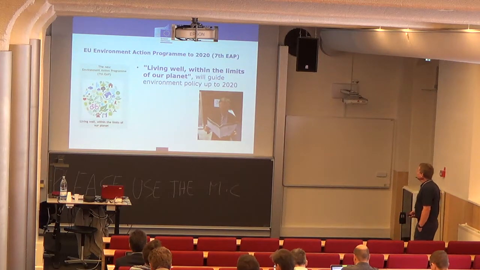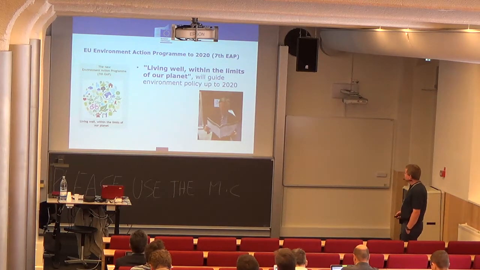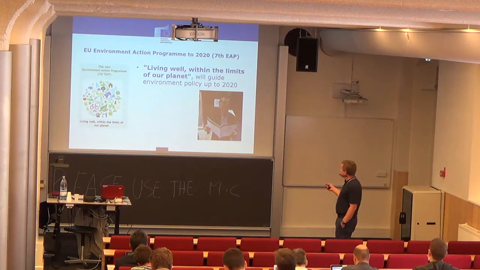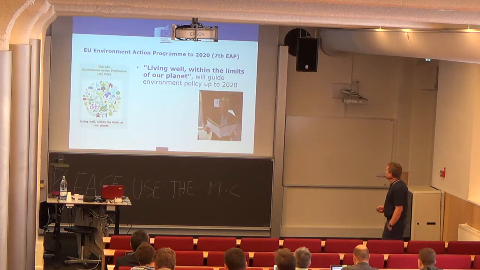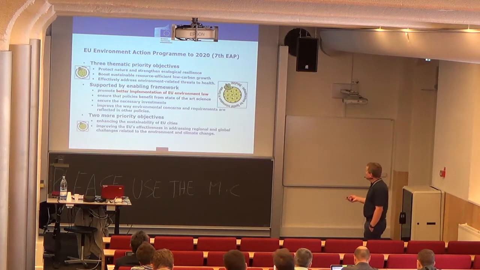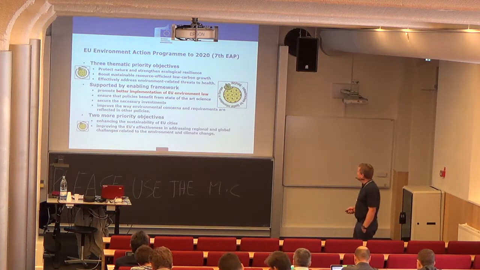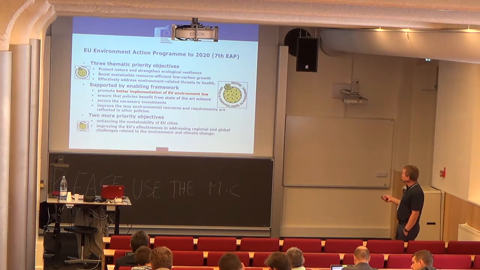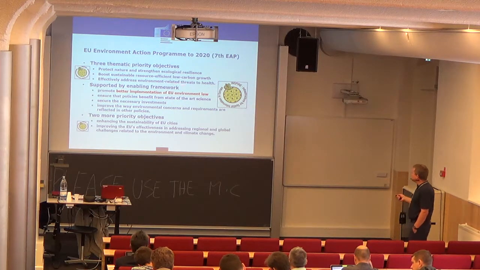Then we come to the 7th Environmental Action Programme, whose motto is living well within the limits of our planet, and this will guide environmental policy up to 2020. Again, we have some thematic priority objectives: protect nature and strengthen ecological resilience; boost sustainable, resource-efficient, low-carbon growth; effectively address environment-related threats to health.